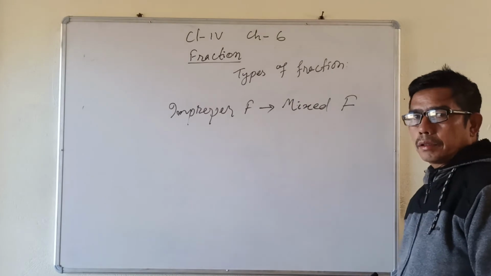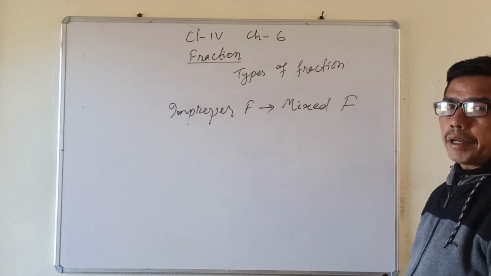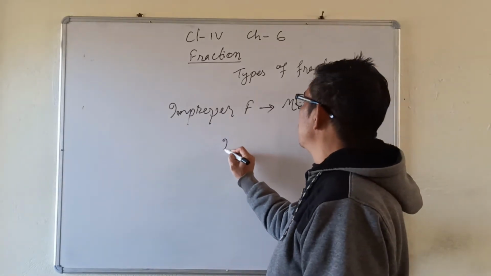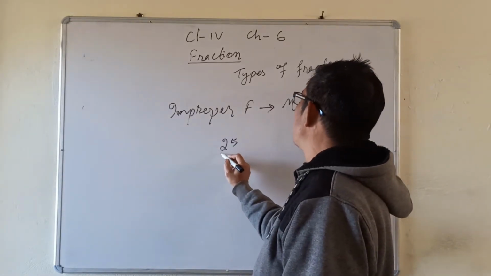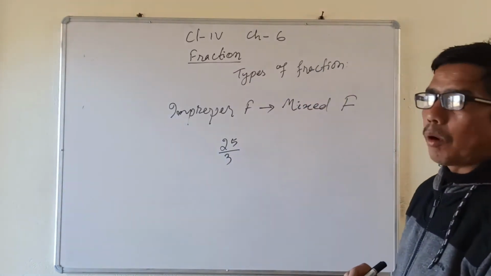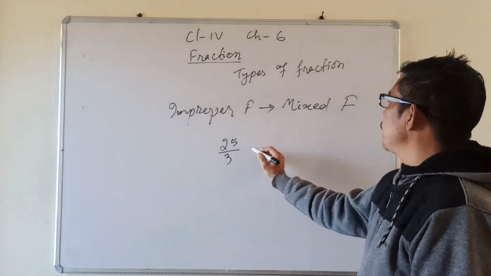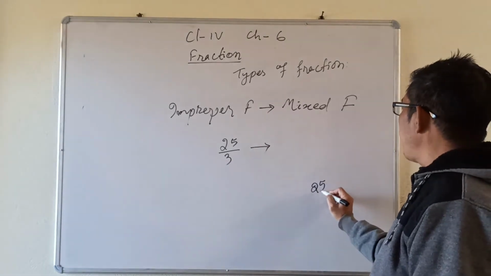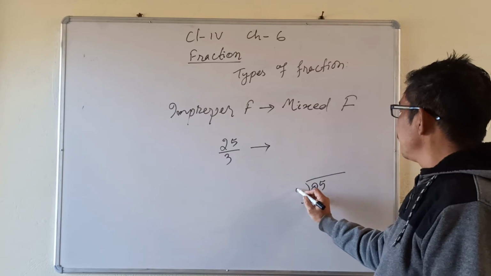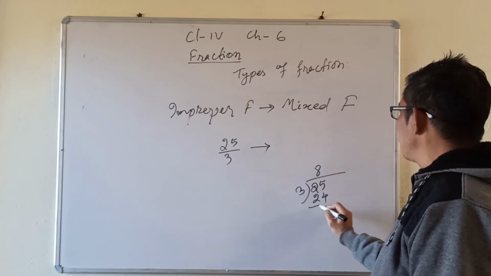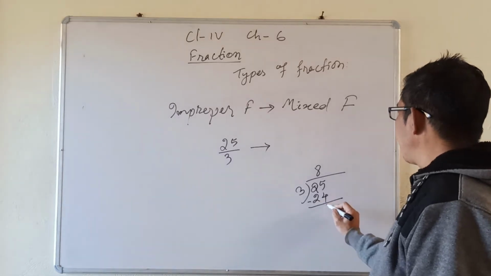How to convert improper fraction to mixed fraction? For this, let's pick up an example. This is an improper fraction. Now we have to change it into mixed fraction. Then what to do? You divide 25 by 3. 3 8s are 24, remainder 1.